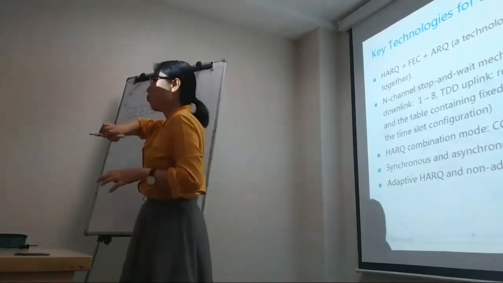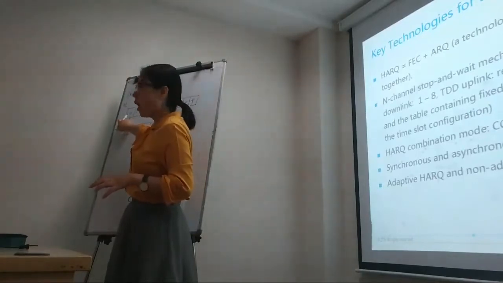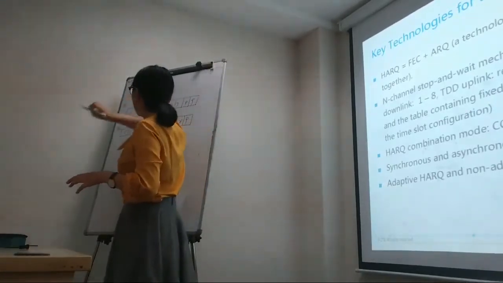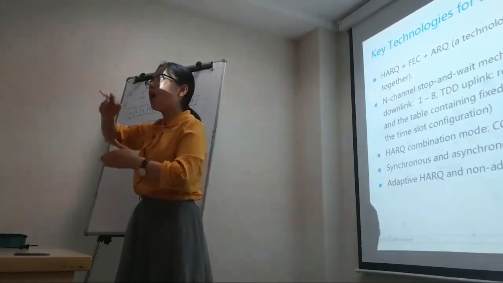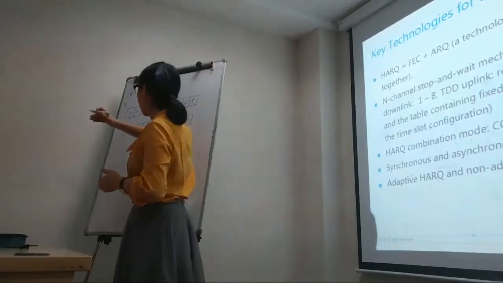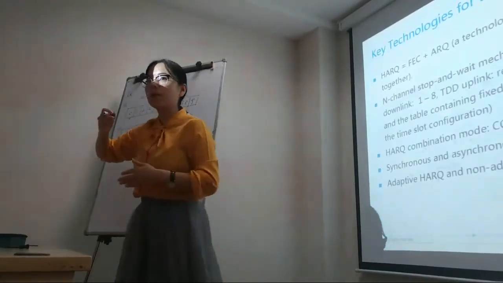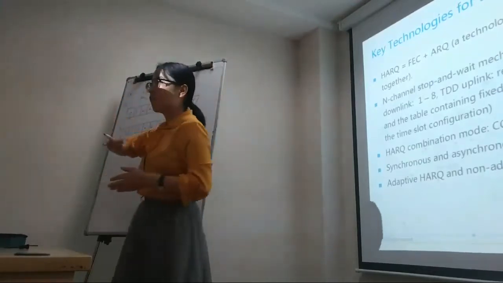We define the time as 4. That means if I transmit the data in subframe K, then the ACK or NACK is fed back in subframe K plus 4. So it is delayed by 4 subframes.